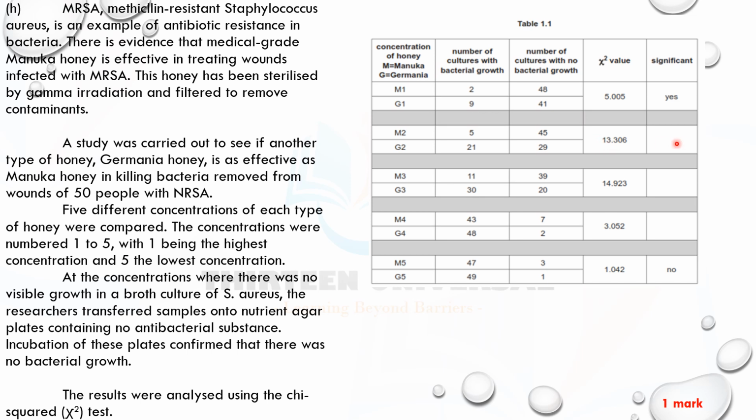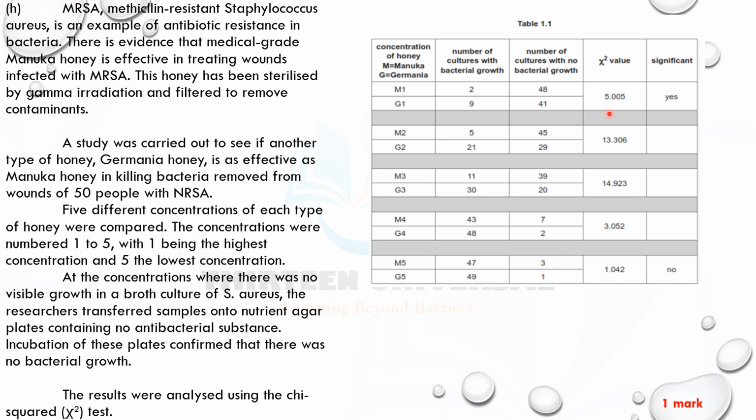Yes. Check this one, the difference between 11 and 30, 39 and 20. See it? The chi-square value here should be yes too. But if you check these, the difference is not much. So no, not significant. Okay. So M5, look at this. You can see the difference is not much. That's why not significant.